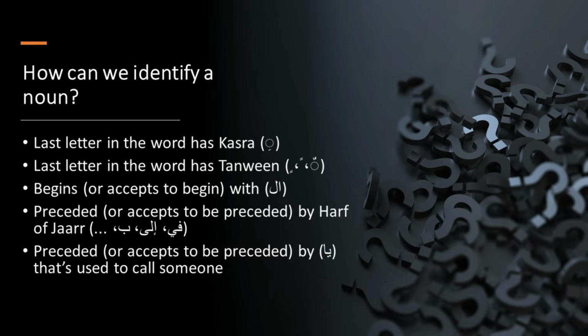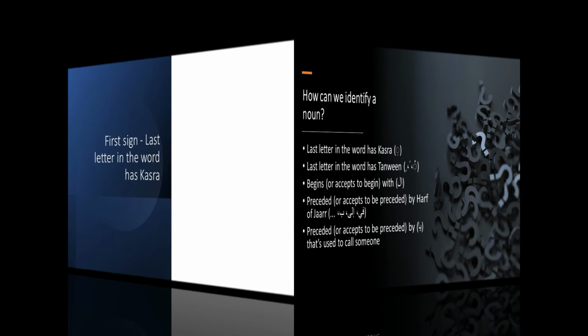They are not everything, but they are the main and most common indicators. So a word may have one of them, or two or three, or all of them, and maybe the word doesn't even have any of them. It is still a noun because when you add one of these indicators to the word, it accepts it and provides a meaning. And don't worry, we have some examples that we will go through in a minute, and hopefully everything will be clear.